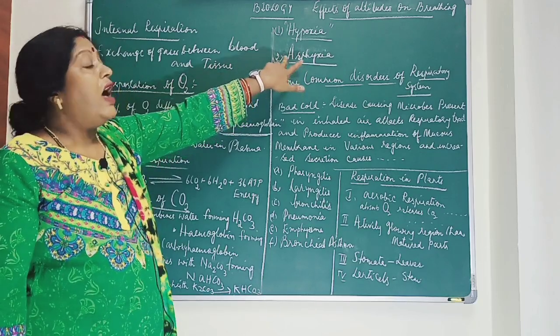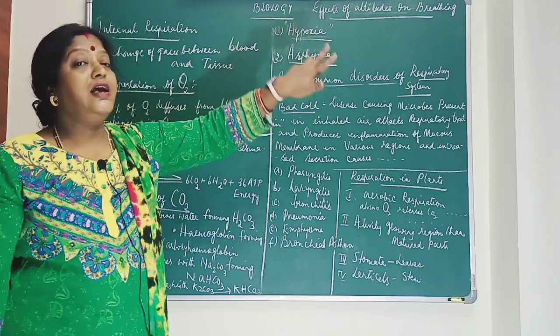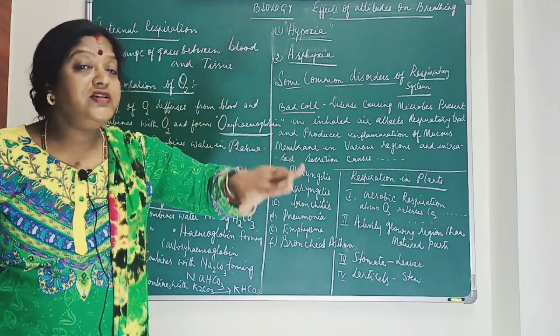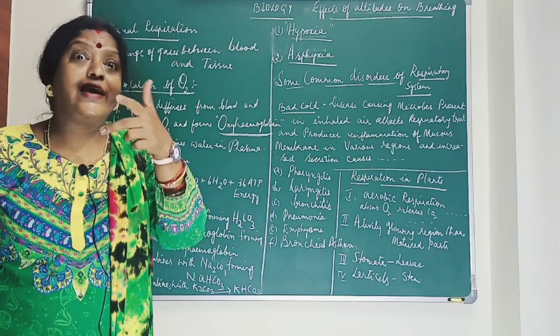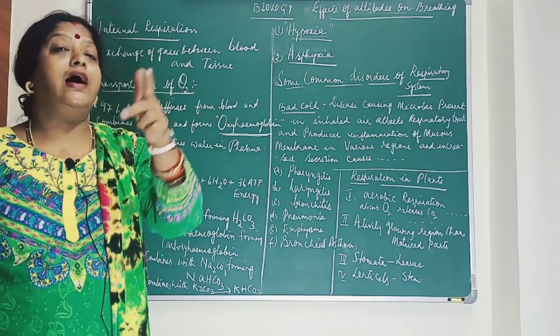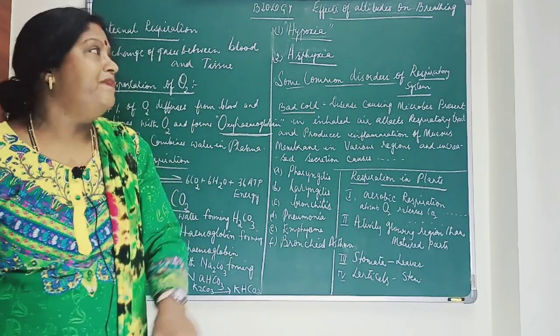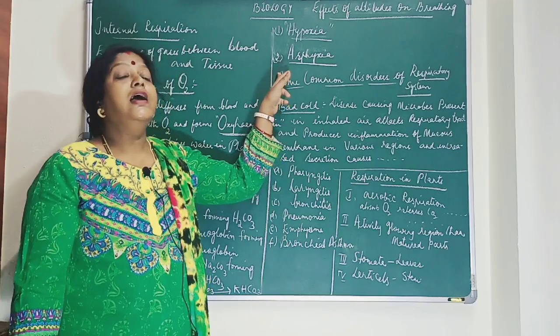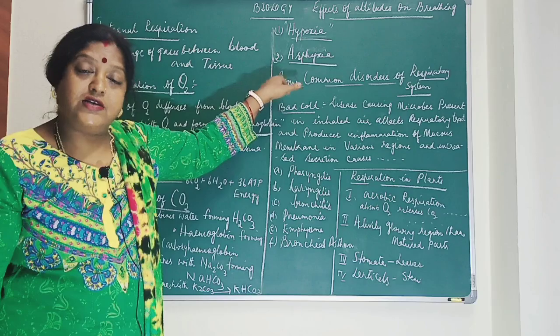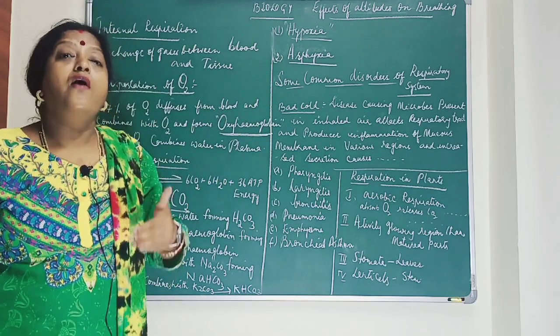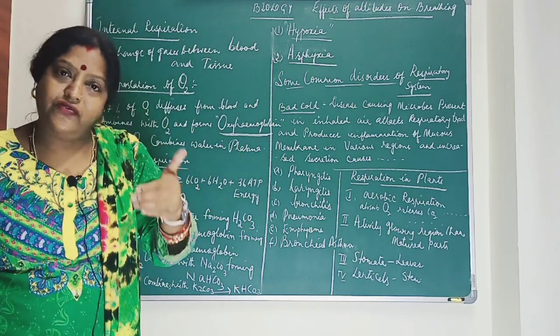Children, asphyxia is a condition where deficiency of oxygen to the body is accompanied by increasing carbon dioxide in the blood. So oxygen goes on decreasing with the increasing concentration of carbon dioxide.